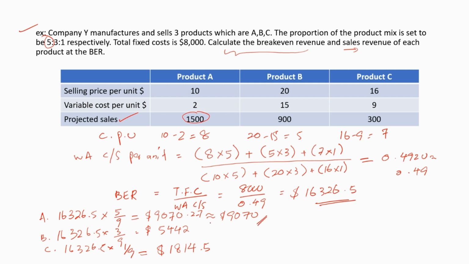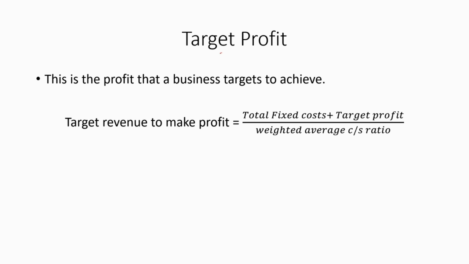So these are the sales revenue figures for each product at the break-even revenue. So these three values should equal the break-even revenue value. This is equal to $16,326.5.